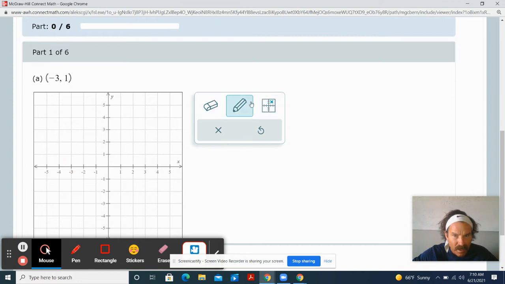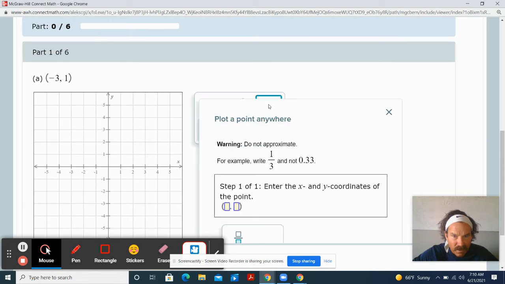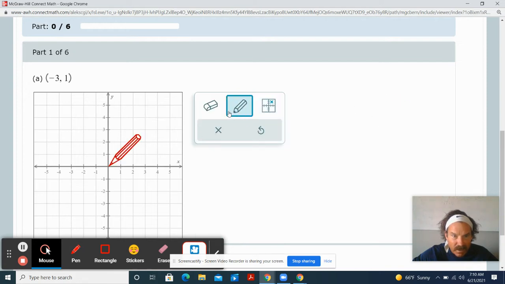So to put a point, I think we can use this tool here, or we could just click this pencil tool. This is an eraser, so if we make a mistake, we can click the eraser tool.